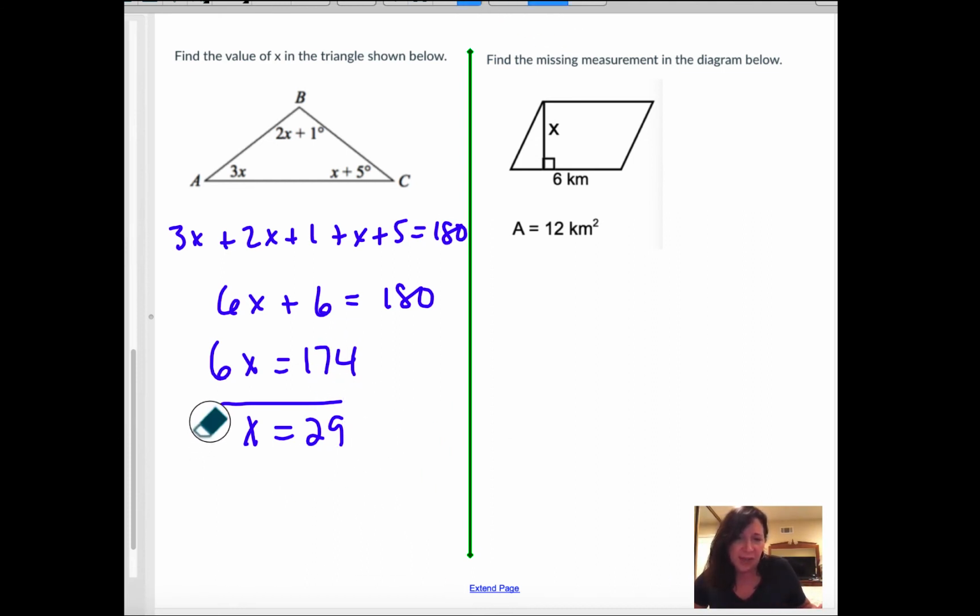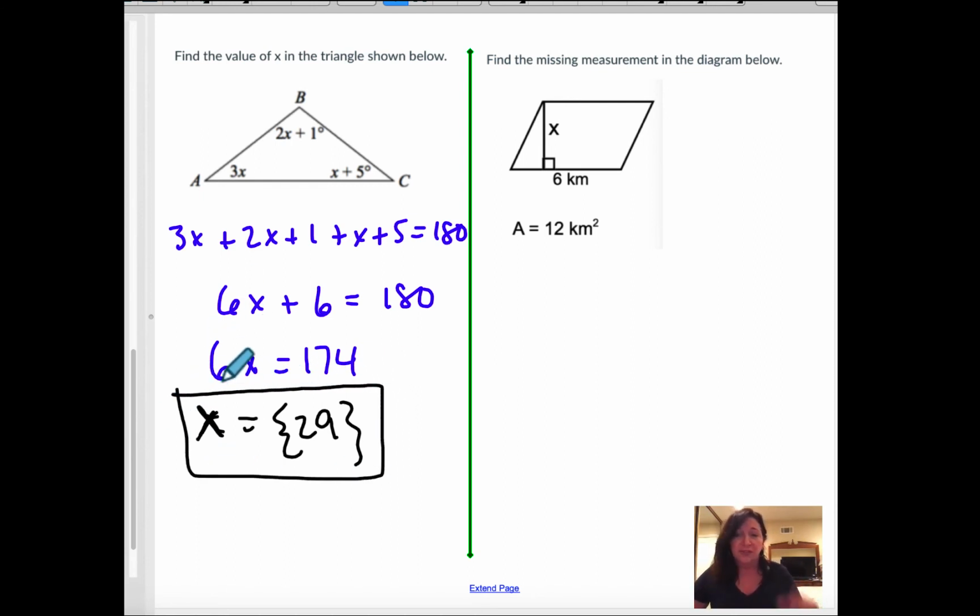But I do want to say that the correct way to actually write this answer, and I do hope that you guys start writing these correctly, is to say x is equal to a solution set, because this is an equation, and that's how you write the answer. And if you want to box that up after you put it in a solution set, I would love that. Okay, just saying. And you do that whenever you see an equation.